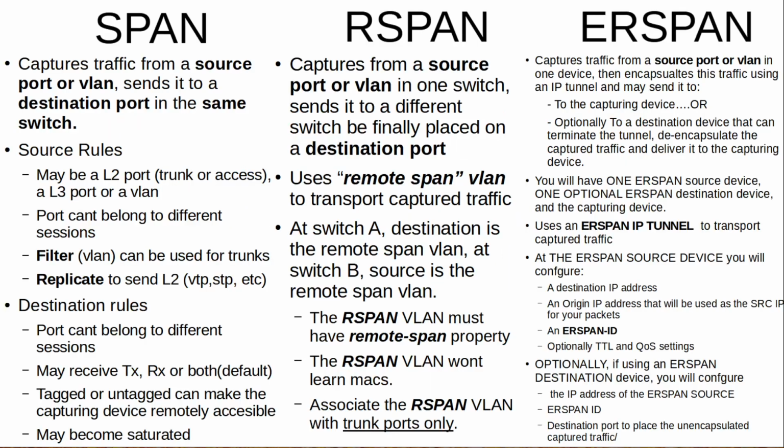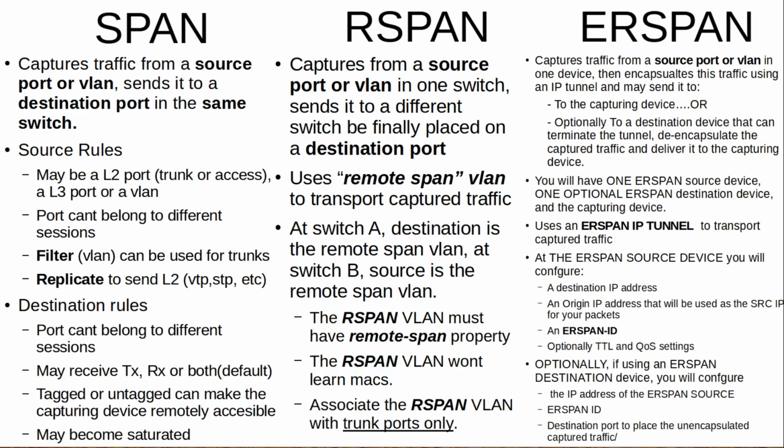What the SPAN feature does is capture traffic from a source port or VLAN, and send this captured traffic to a destination port within the same switch. So the original SPAN feature uses only one switch where you have the source of the captured traffic, and you place your capturing device into a port that lives in the same switch.